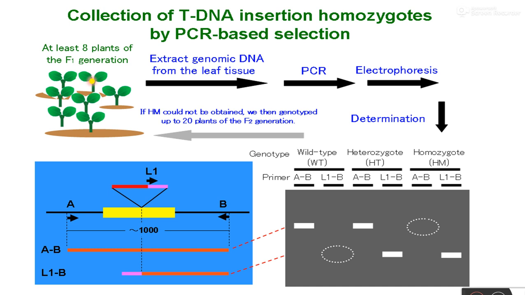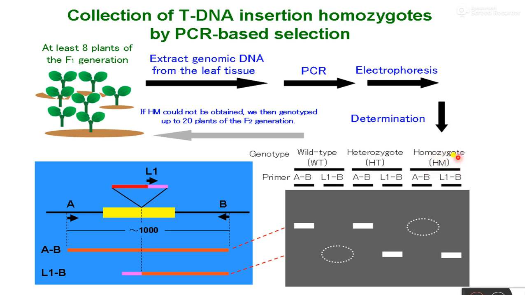And in only one of the homologous chromosomes, you are supposed to have the tDNA insertional mutant gene, right? But in the other chromosome, you are supposed to have the normal gene or wild type gene. But in homozygous mutant lines, you are supposed to have the tDNA insertion mutant gene in both the homologous chromosomes.